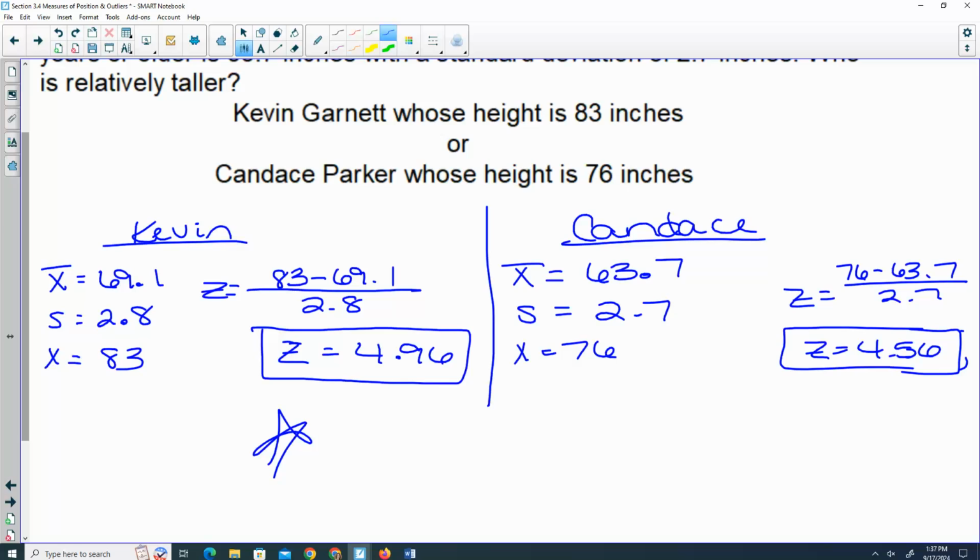Does that make sense to everyone? We do have to pay attention to the context of the problem to know which z-score was better. For instance, if I was comparing winners at the cross country meet today, the female winner and the male winner, and I found each of their z-scores, would I want a higher z-score or a lower?